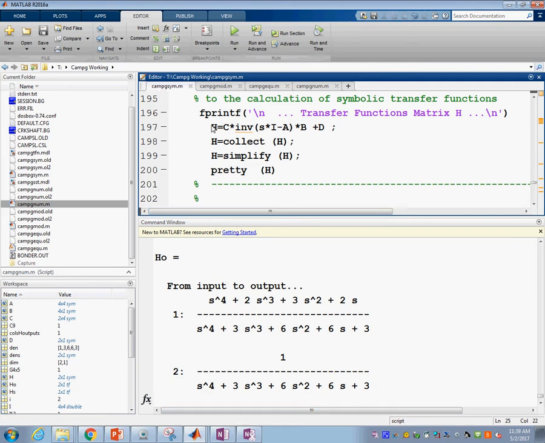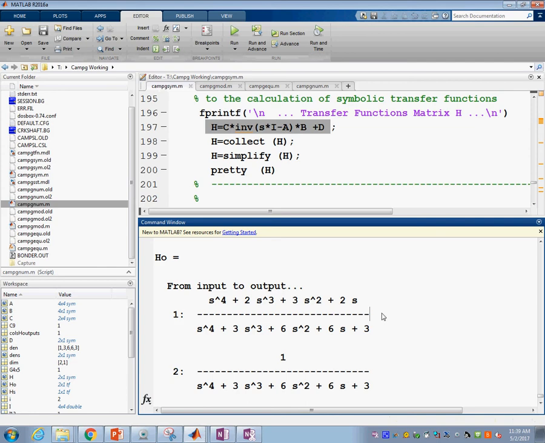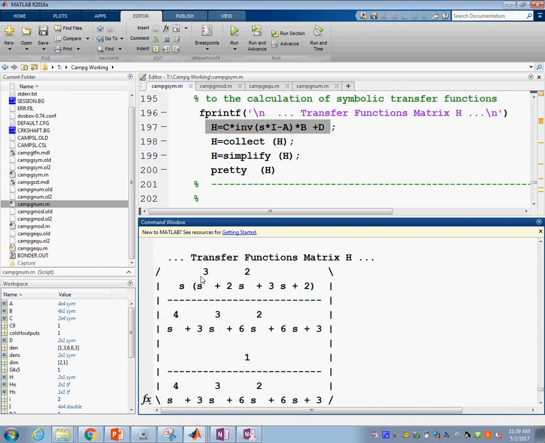It's saying the matrix of transfer functions H equals C times the inverse of (sI minus A) times B plus D, all matrices. When you execute this, you obtain the transfer functions in this form.